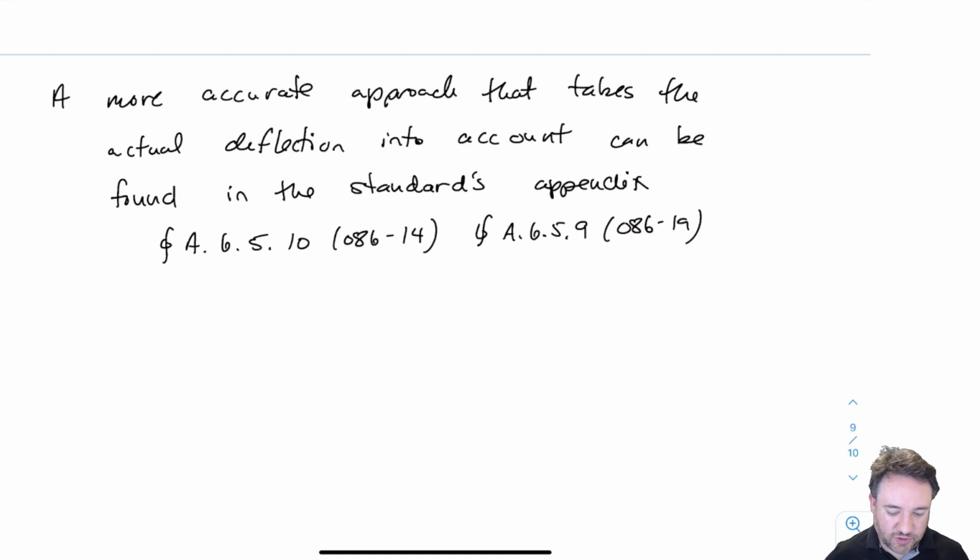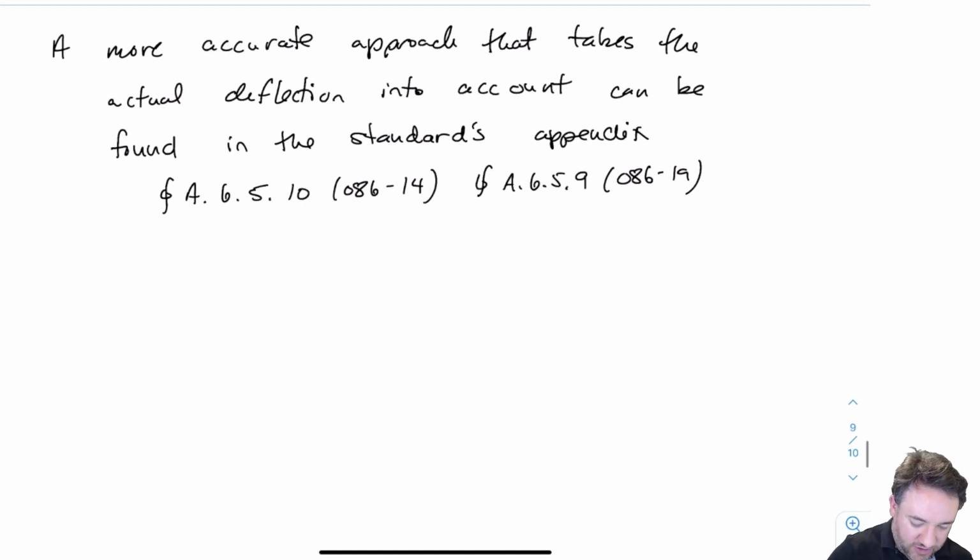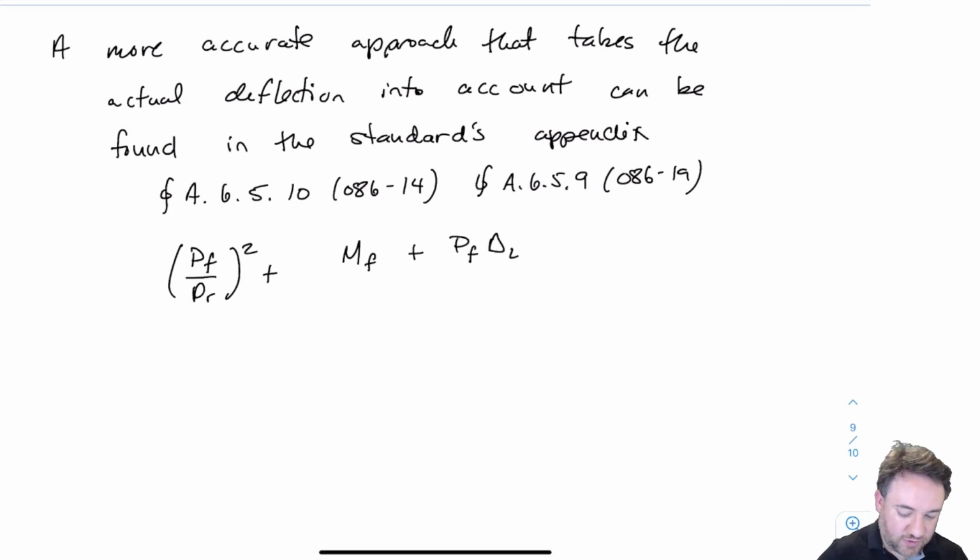And this is one of those things because I have an alternate interaction equation for compression and bending that looks like this. So the first term, PF over PR squared, remains the same, but the second term is a little bit different. So now you basically have MF plus PF times delta. So there's my P delta.